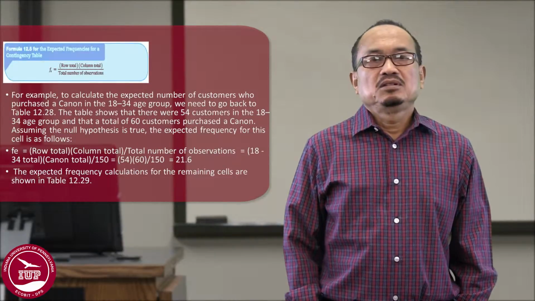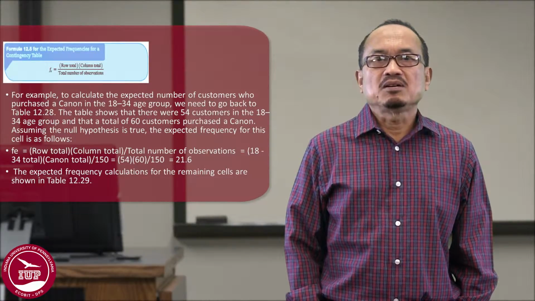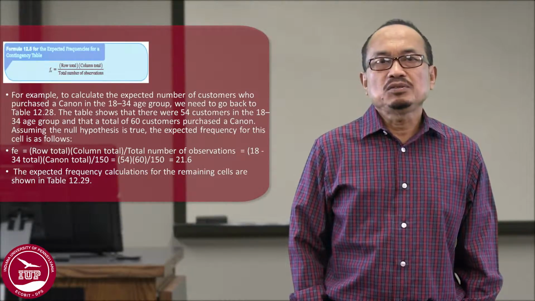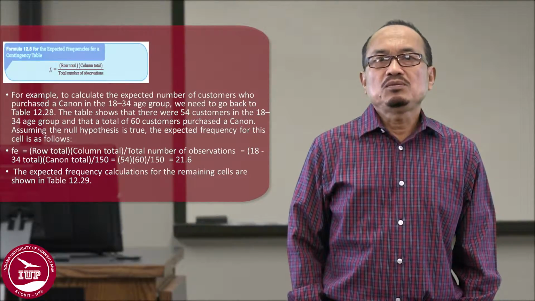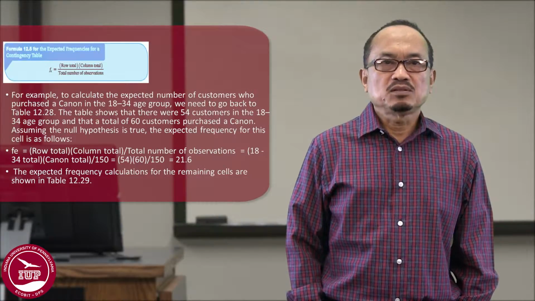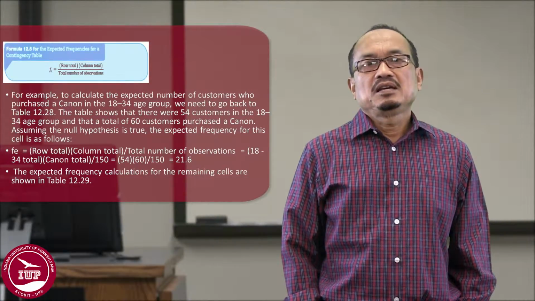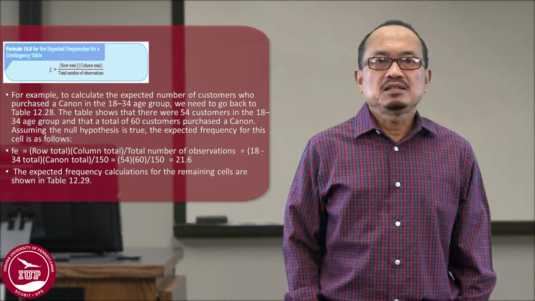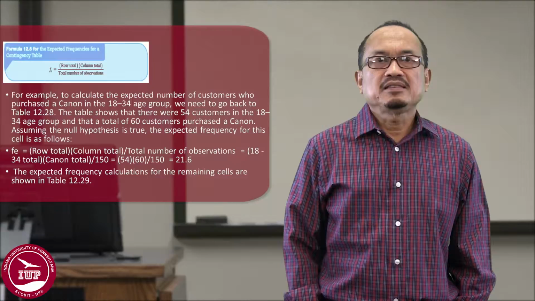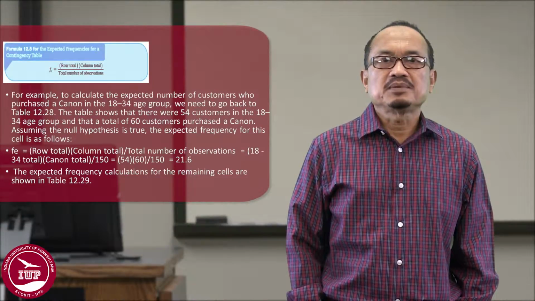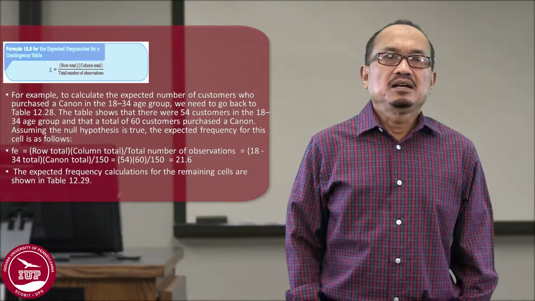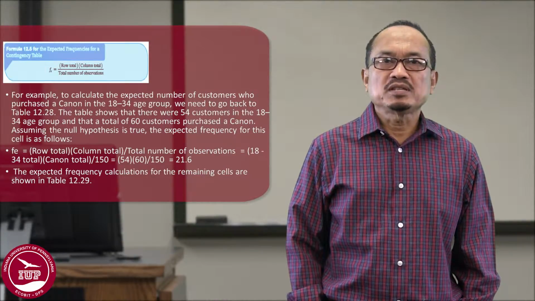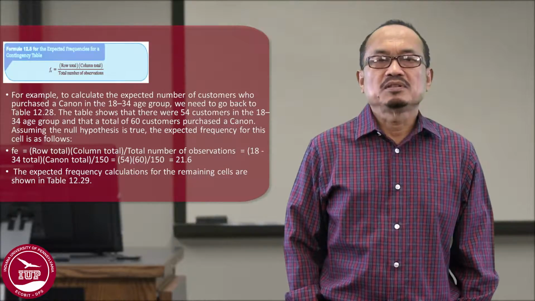For example, to calculate the expected number of customers who purchase a Canon in the 18 to 34 age group, we need to go back to Table 12.28. The table shows that there were 54 customers in the 18 to 34 age group, and that a total of 60 customers purchased a Canon. Assuming the null hypothesis is true, the expected frequency for this cell is as follows.